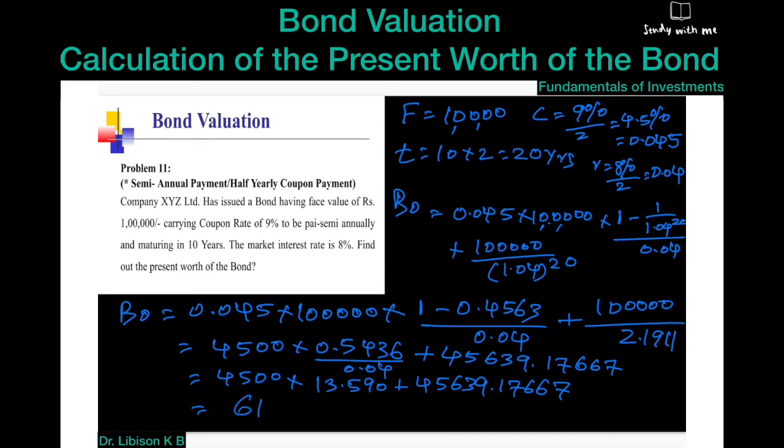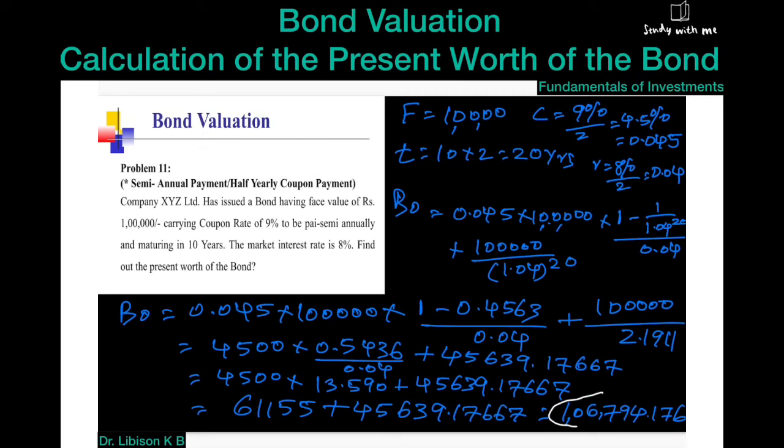So the final answer is 1,06,794.176. So there could be minor changes in the decimals or in the values, which is acceptable. So try to approximate your values to 3 decimals.